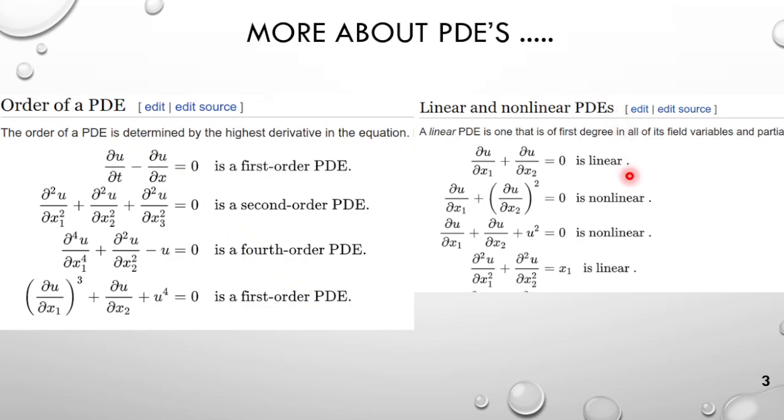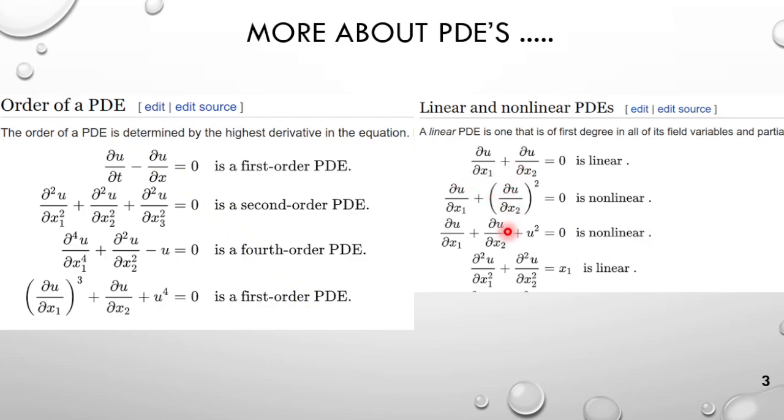If the differential is of first degree, where degree means the power to which the derivative is raised, and here it is raised to the power 2 in this particular equation, then the power needs to be 1 for the derivative as well as the variable. Then only the PDE will become linear, otherwise it will be non-linear. As given here, you can see u square is there, so that is why it has become non-linear.